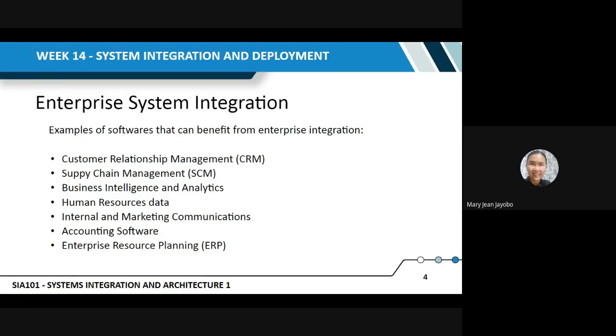So, there are companies that install this so they can manage and see what the stocks are, how many stocks they still have, which materials are running out or selling fast, or when their order will arrive, or when they will ship their product. So, it's all integrated in this supply chain management.